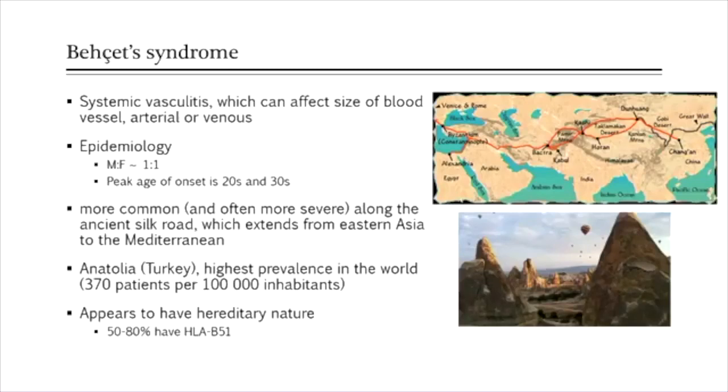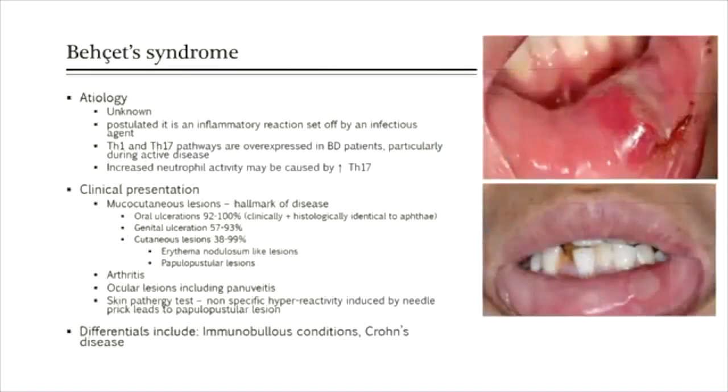There is a HLA association, HLA-B51, which suggests probably a hereditary nature, but not a strict inheritance pattern. And not everybody who has HLA-B51 has Behçet's, but it is something that can be useful to help get to a diagnosis.